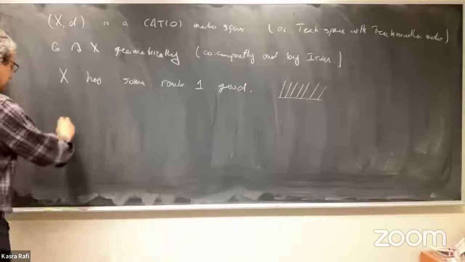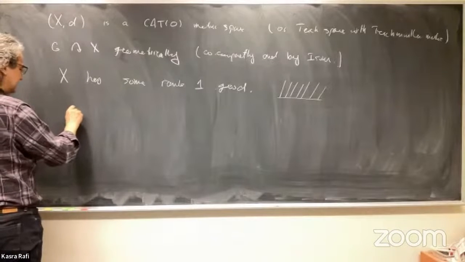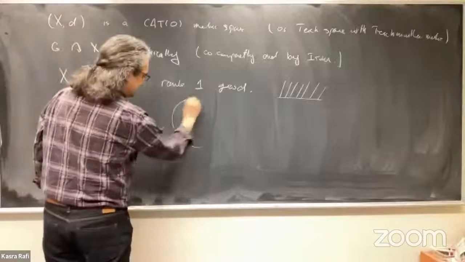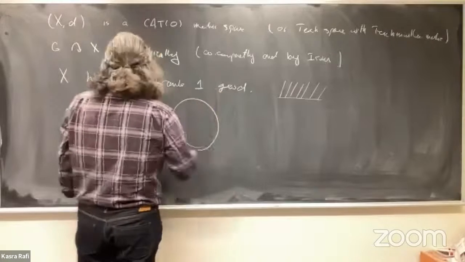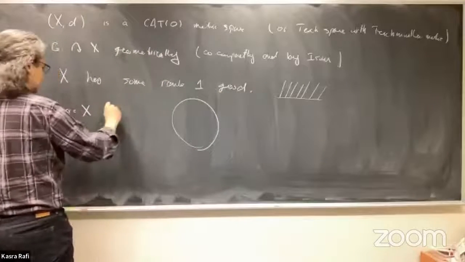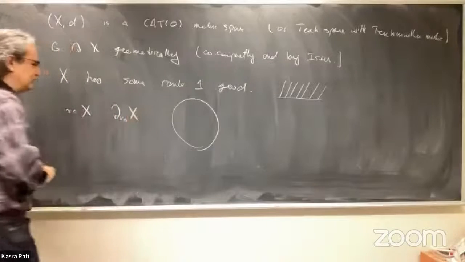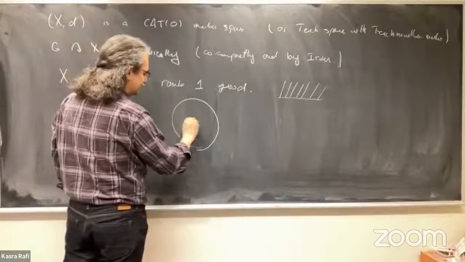And so let me pick a point, maybe x, in here. I'm going to give you some definitions of the Patterson-Sullivan measure. I write this to mean the visual boundary. Kim defined this and spent some time on it, so I don't have to do that.